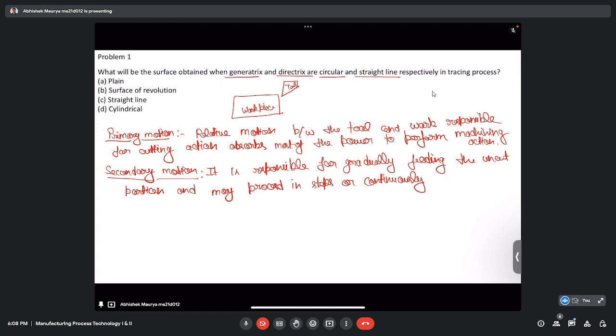It absorbs only a minor fraction of the total power required for the machining.